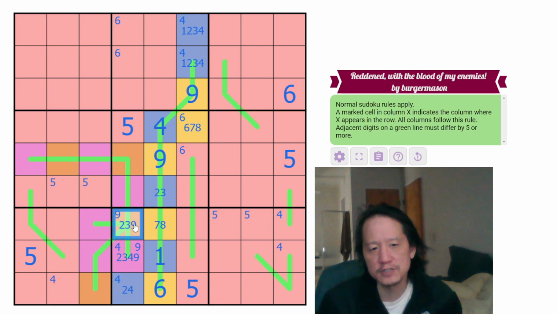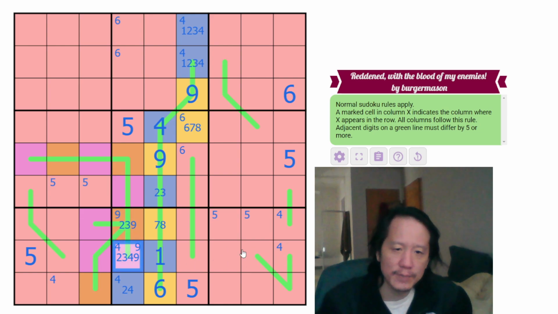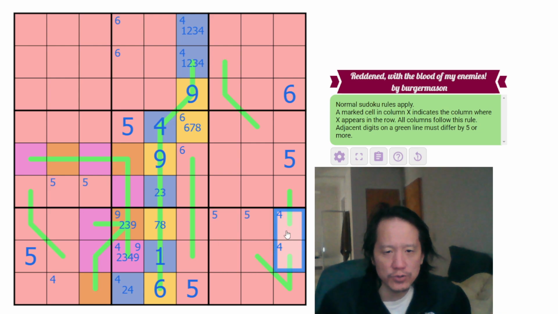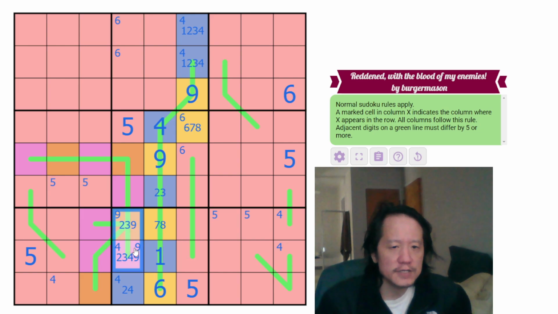Cannot be 6 because the 6 would have to be next to a 1. Cannot be 7 or 8 because that would force one of these to be a 4 when we know there's already a 4 in column 9 of box 9. Therefore, one of these is a 9. We're not sure which.